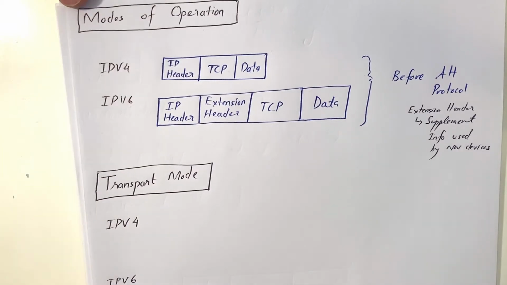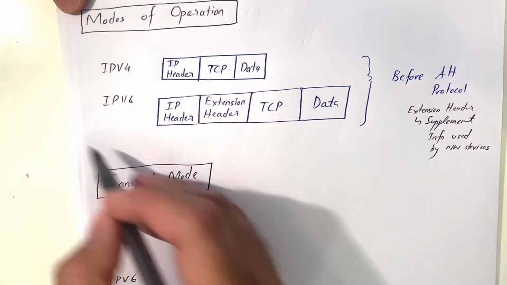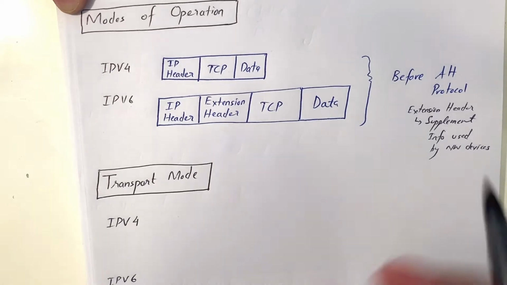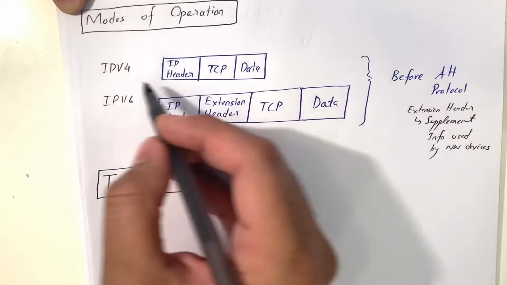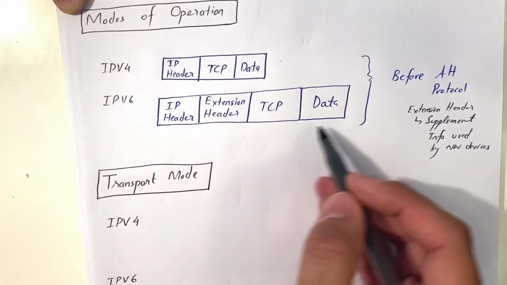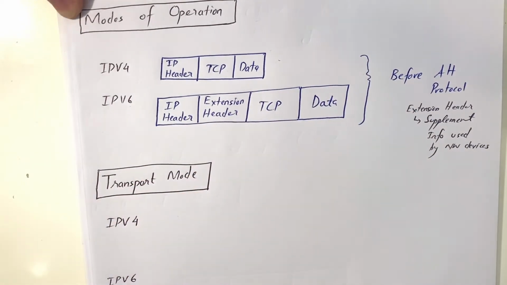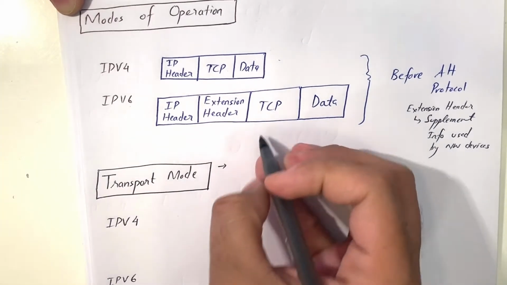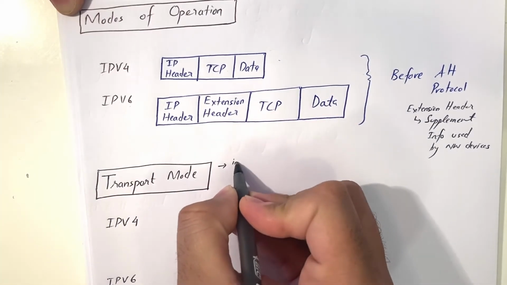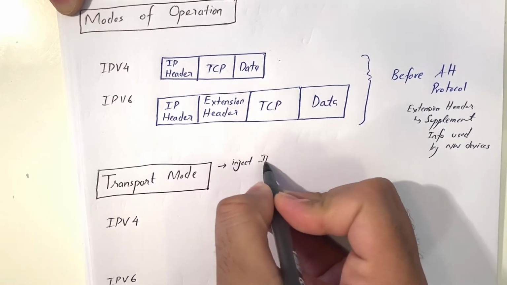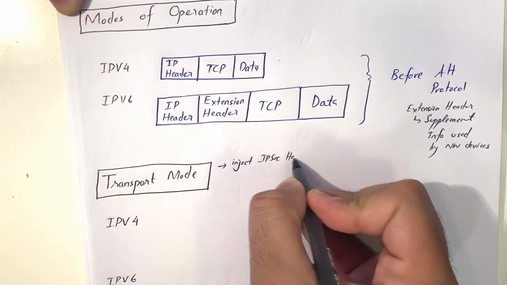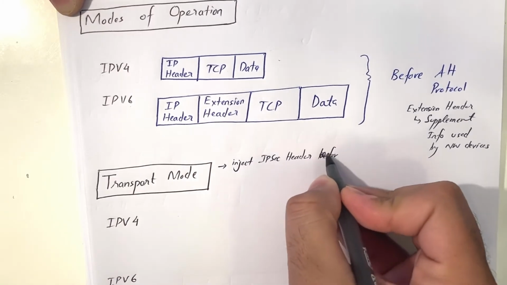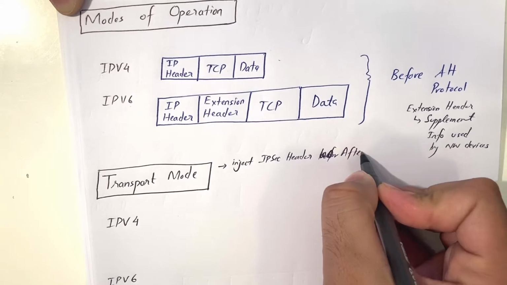Now let's see, we want to implement the authentication header in IPsec. Before the authentication header, this is how the IPv4 packet looks, and this is how the IPv6 packet looks. In transport mode, if you remember, we inject the IPsec header after the IP header.